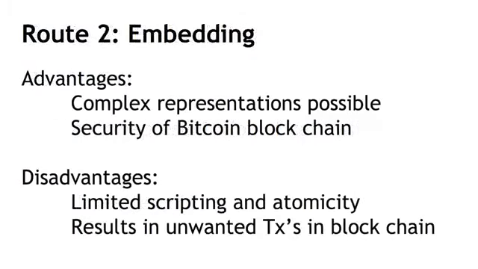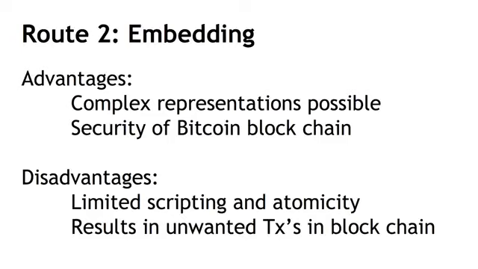Again, it has some advantages and disadvantages, more complex representations, obviously. But normally one might think that for getting more complex representations, you'd have to use an altcoin, an entirely separate chain altogether that allows those representations. But instead, what embedding allows you to do is combine the idea of getting complex representations with utilizing the security of the Bitcoin blockchain with all the mining hash power behind it.